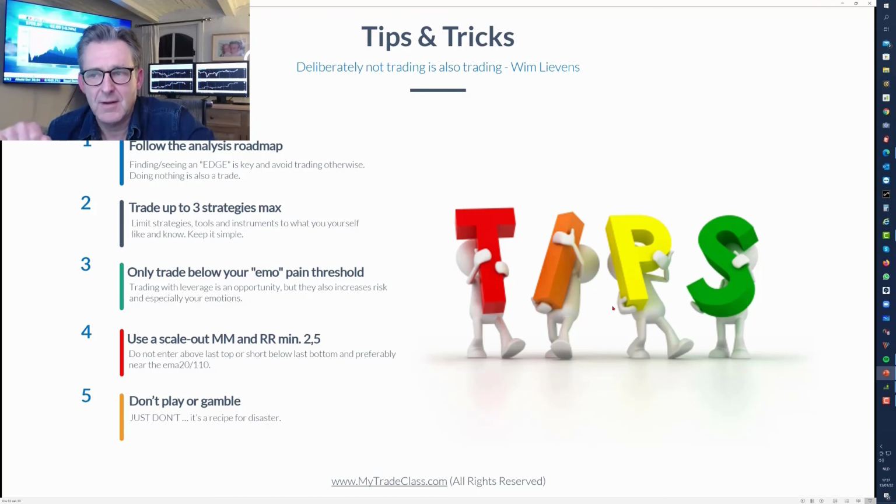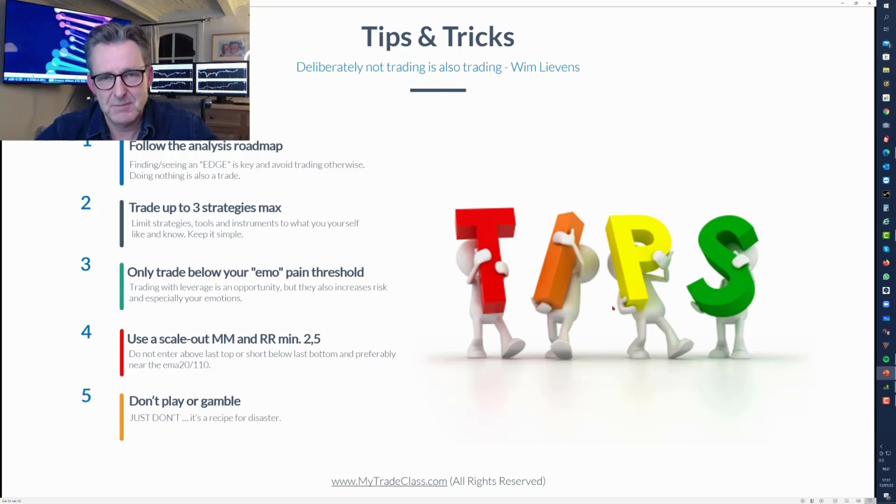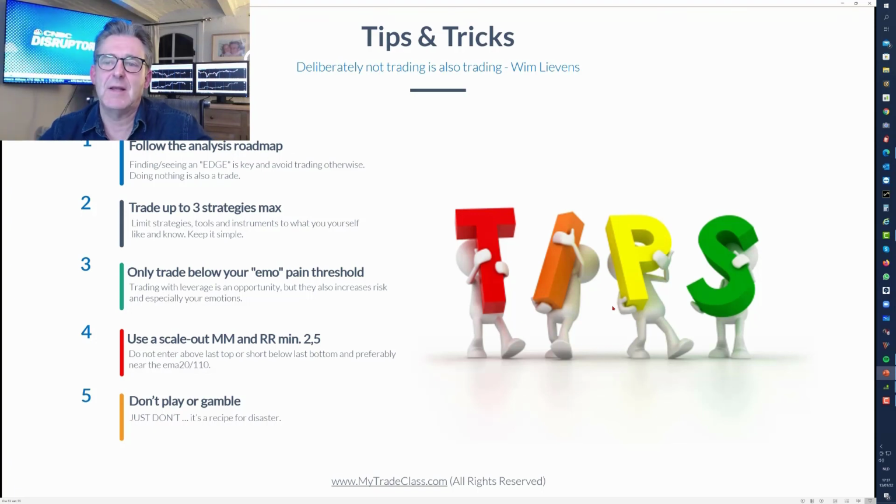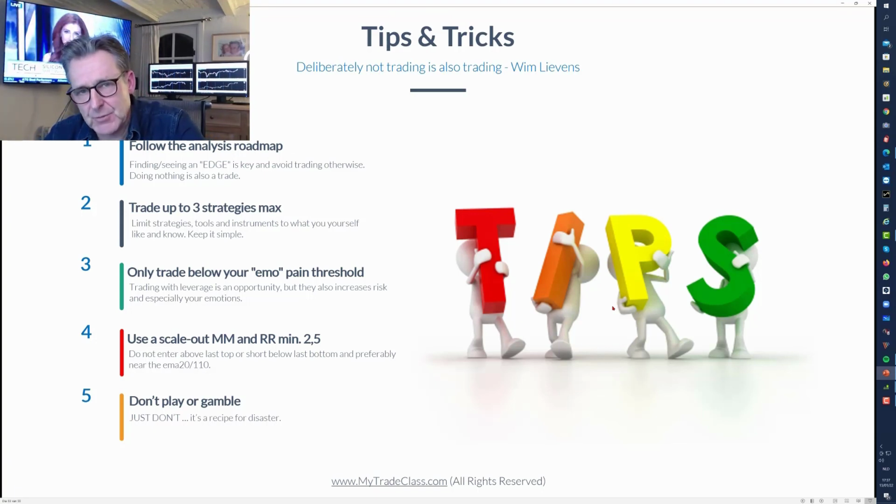Don't try to do everything. Trade below your emotional pain threshold. Don't push it. Once you build up your mental capital, you can push it, but go easy in the beginning.